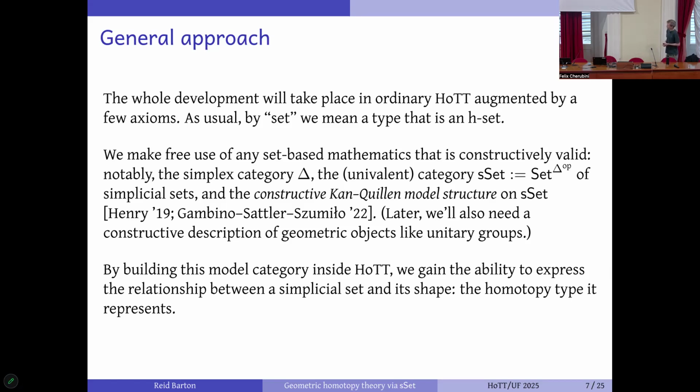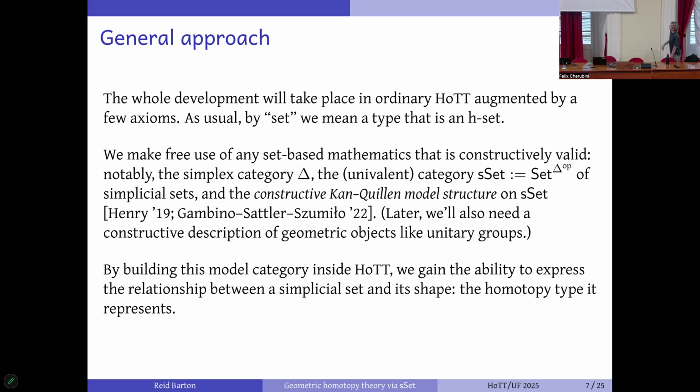And I also know how to build a Kan model structure on the category of simplicial sets. Somewhat recently, Simon Henry gave a construction of this Kan model structure which is constructive. This was also simplified and streamlined by Gambino, Sattler, and Szumiło a few years ago. We're maybe not going to use this entire model structure, but it provides a useful framework for understanding what's going on here.